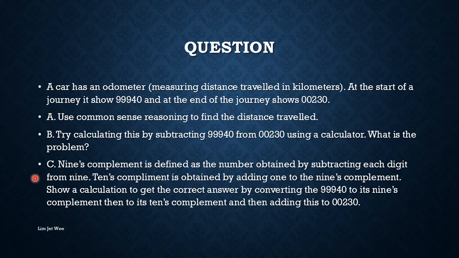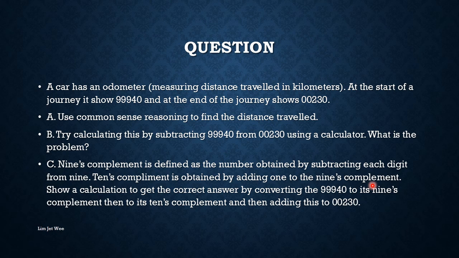Part C indicates the 9 complement is defined as the number obtained by subtracting each digit from 9. So it has defined it. And the 10 complement is obtained by adding 1 to the 9 complement.